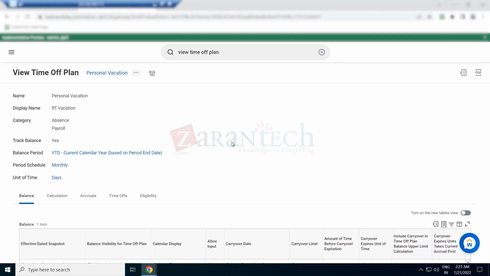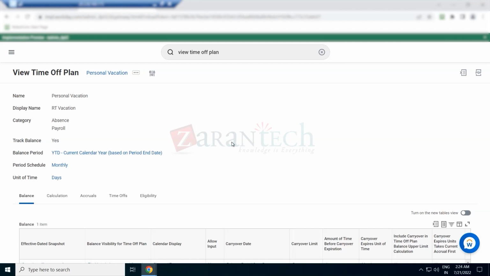We discuss what we can do and what we cannot do in configuring that item in Workday. They also come up with their ideas, and after that they sign off, yes, this is something that we want.